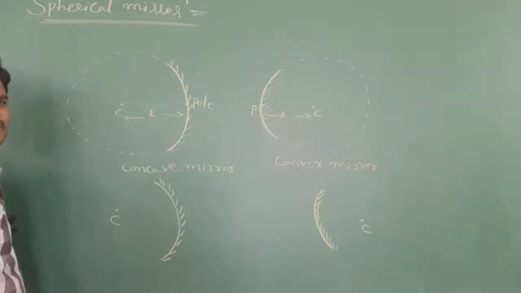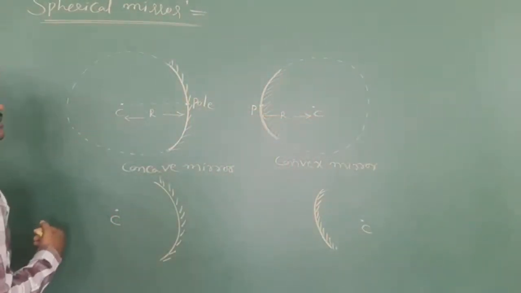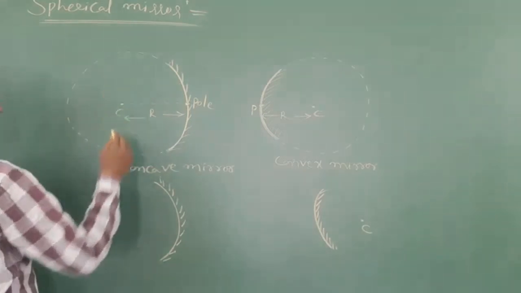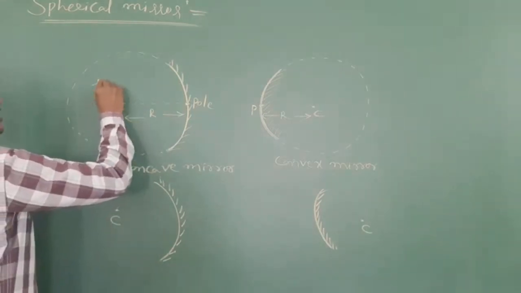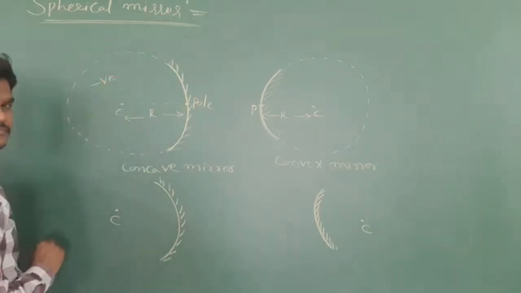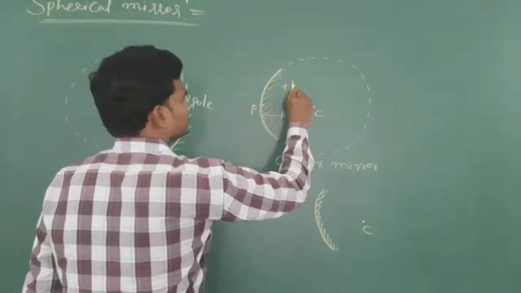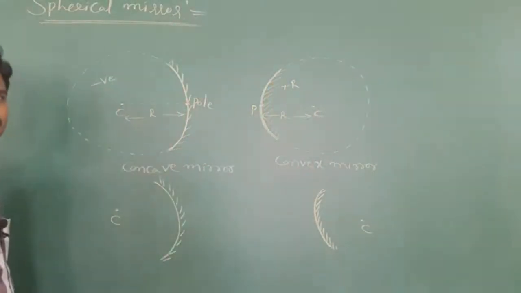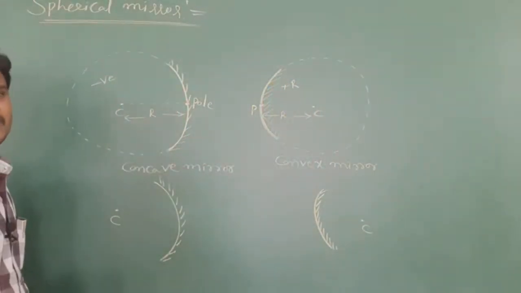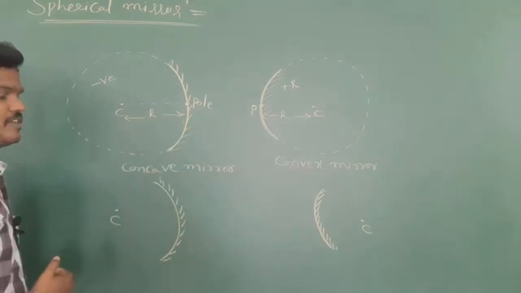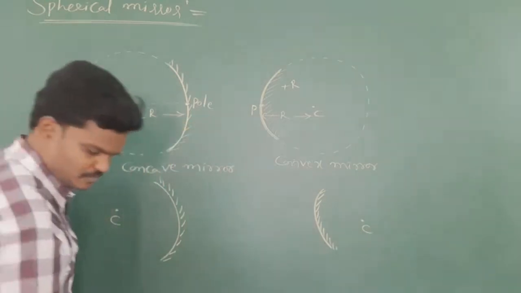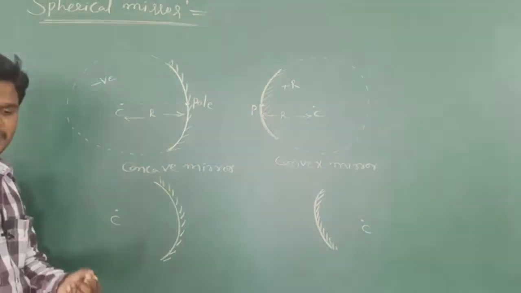Very basic. Generally, the radius of curvature for a concave spherical mirror is negative, and for a convex spherical mirror is positive. We are going to follow some sign conventions. I will do everything in detail. So these are some basic ideas about spherical mirrors.